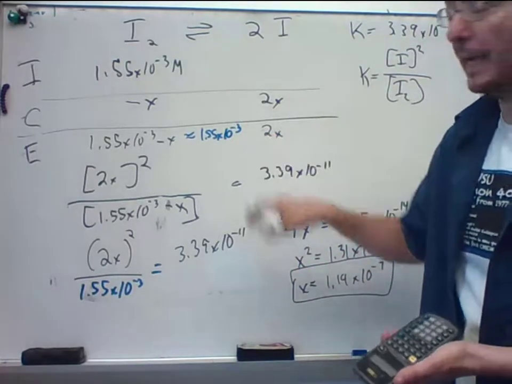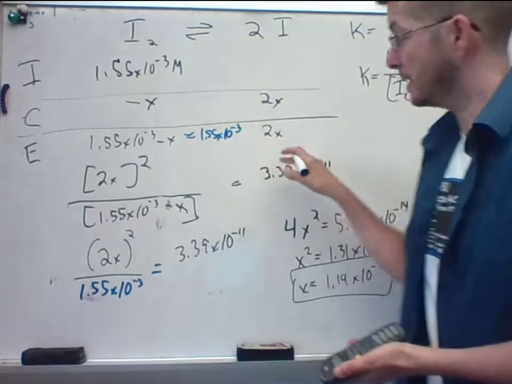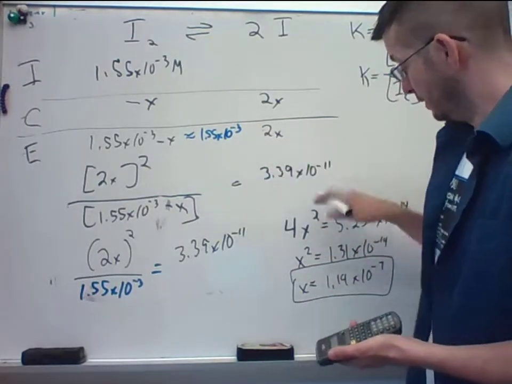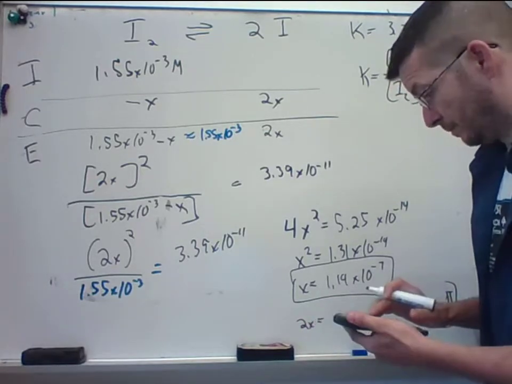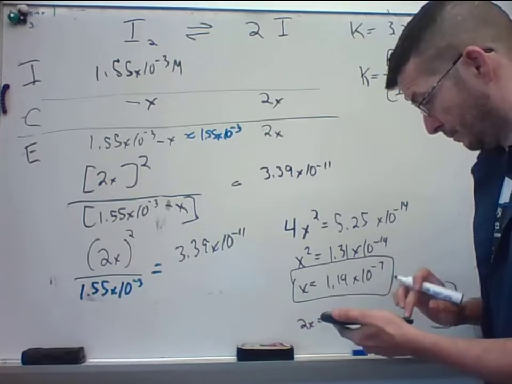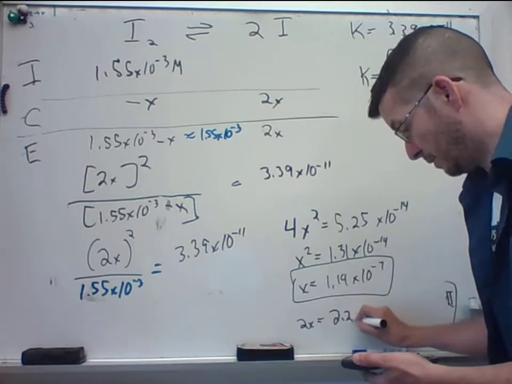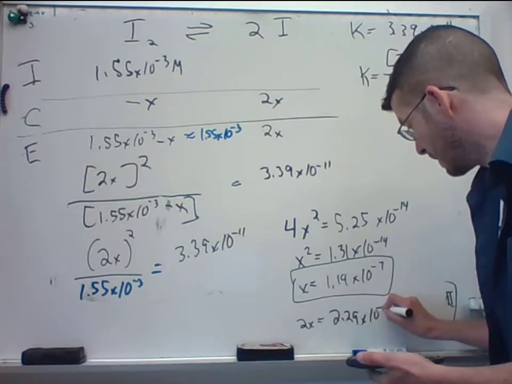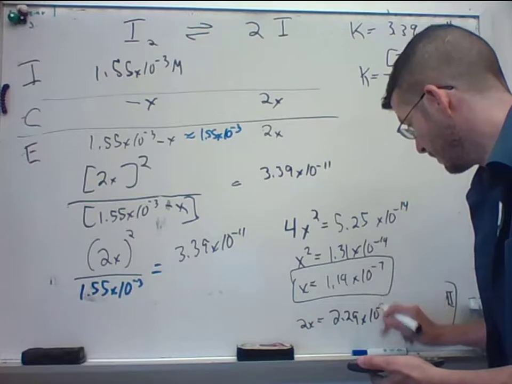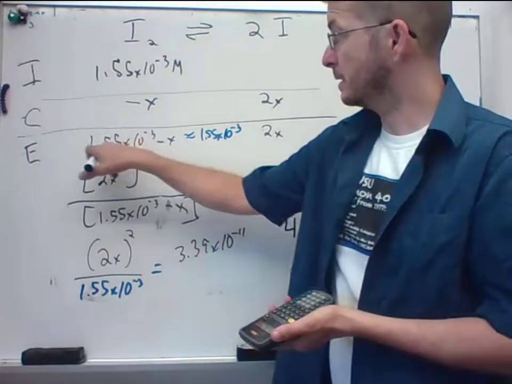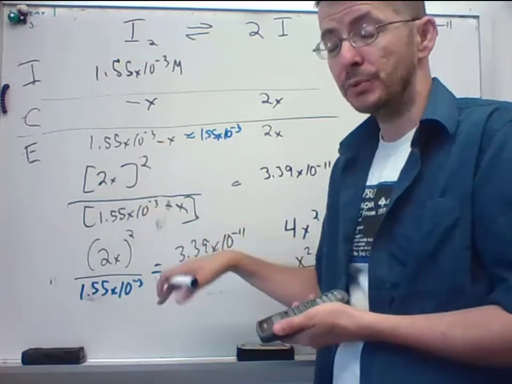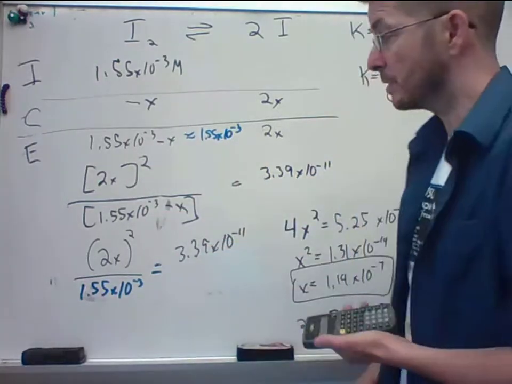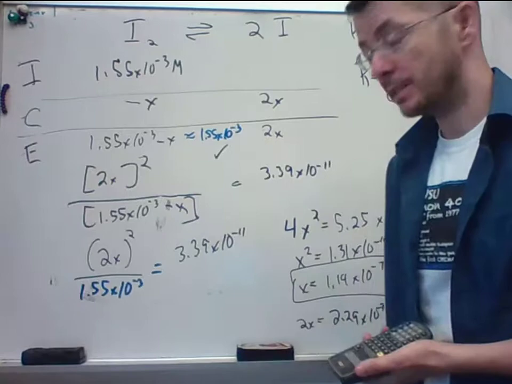And now we can plug it back in, and we can check during this time. 2x is going to be equal to 2.29 times 10 to the minus 7th, and 1.55 times 10 to the minus third minus x is going to be equal to 1.55 times 10 to the minus third, well within our assumption.